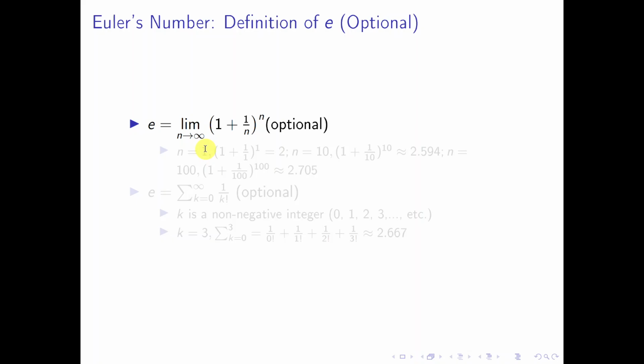This definition or computational formula was derived by Jacob Bernoulli while working on compound interest, assuming the interest after a year is 100%.